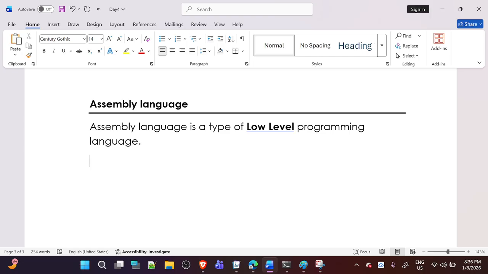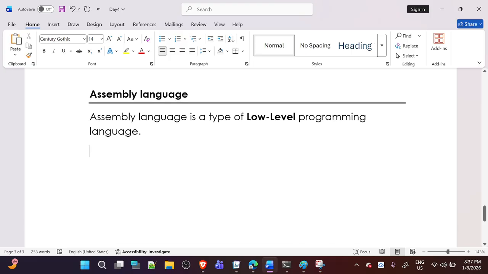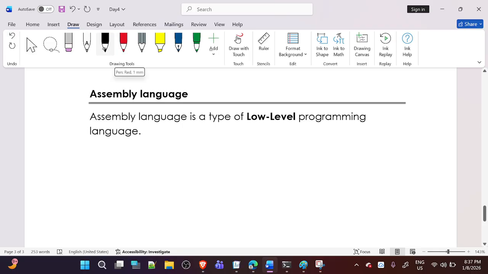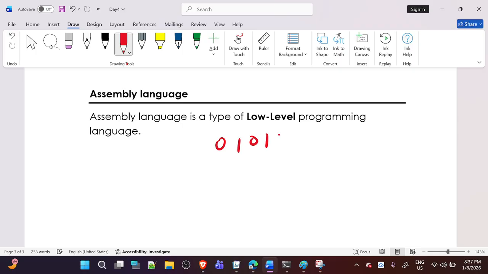Now if it is a low level programming language, is it in zeros and ones? When we talk about low level languages, they are written in binary language like 0 1 0 1 0 1. But this is not actually the assembly language. Assembly language is not in the form of zeros and ones, but in the form of mnemonics.